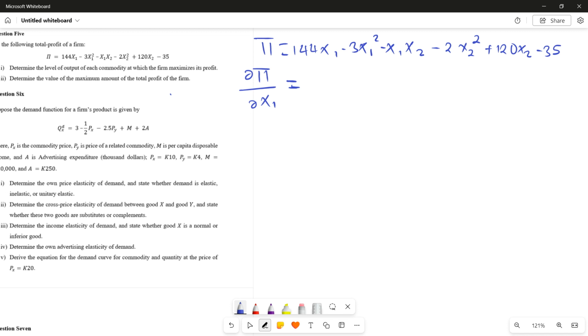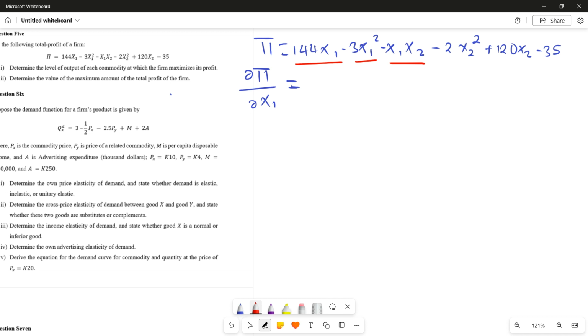Okay. So let's determine the output of each commodity at which the firm will maximize its profit. We are saying that we should partially differentiate with respect to x1 and x2. So how do we partially differentiate? Listen to this. The concept of partial derivatives means that, let's say we are trying to partially differentiate this function with respect to x1, you are only going to differentiate those terms where x1 is featuring.